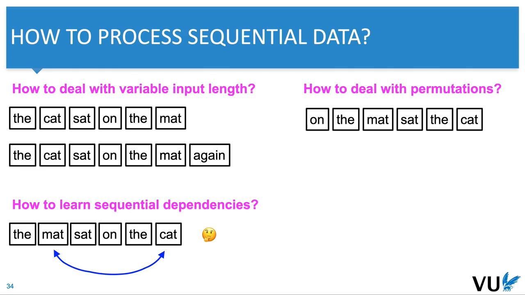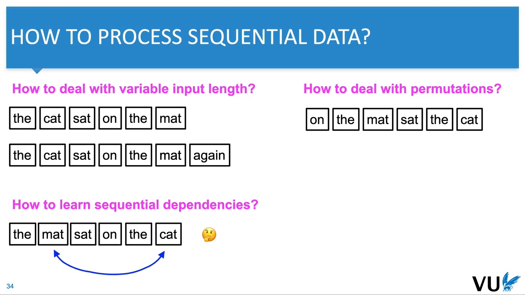And how to deal with that? There are many different problems and many different challenges in processing sequential data. First of all, how to deal with variable input length? When we have the cat sat on the mat, and then we say it again, semantically they mean a very similar thing, with some subtle contextual information.